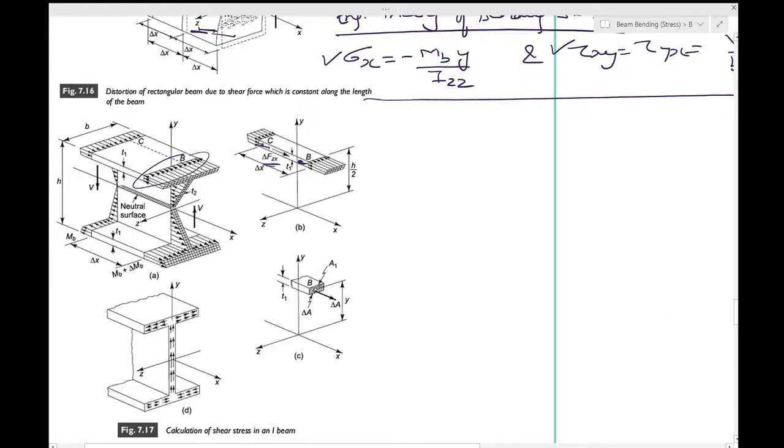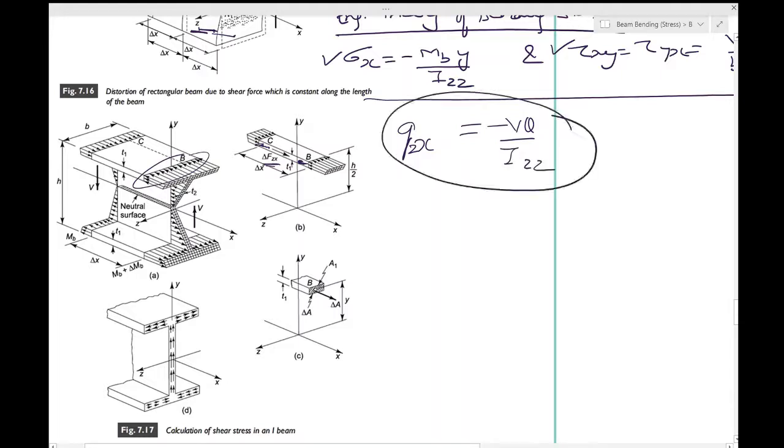You should do this derivation and find out that the shear flow on the positive z face is q_zx equal to minus VQ by I_zz, where Q is the first moment of the shaded area, y times delta A.